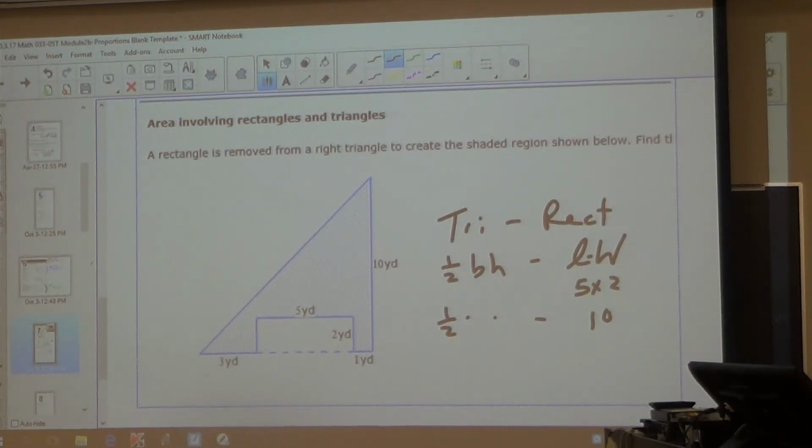The base of my triangle, do you agree is that? Yes. So this piece is 3. This piece is 1. And that piece is 5. I missed the number. Because y'all told me, here, let me cut.